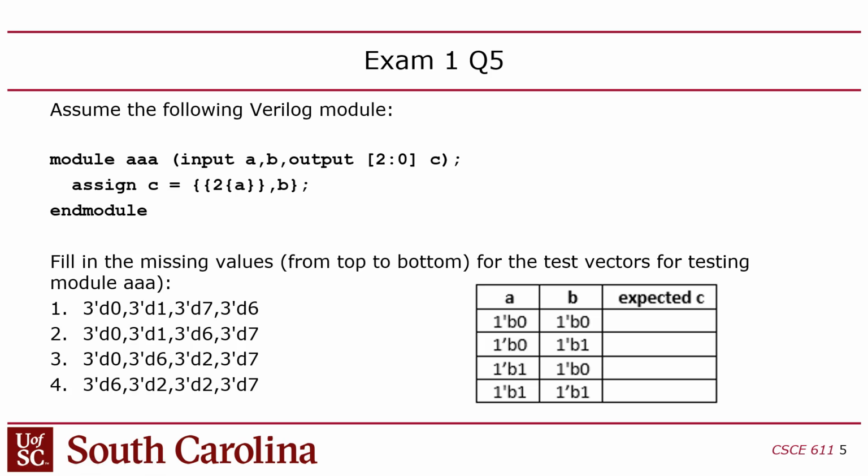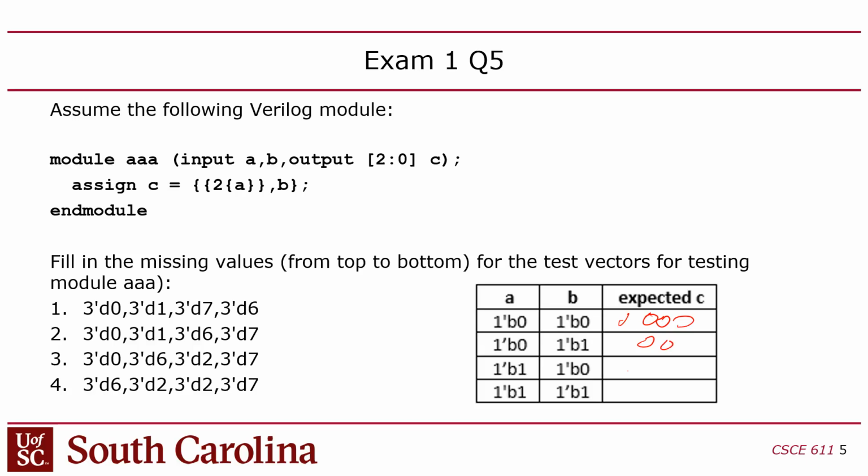Assume the following Verilog module, fill in the missing values for the test vectors for testing module AAA. So this takes 2 copies of A and concatenates it with B. So if A is 0, I'm going to take 0, 0, and add B, which is 0.